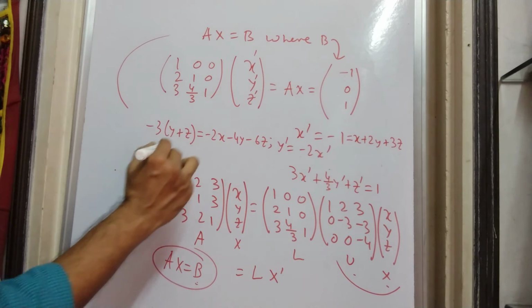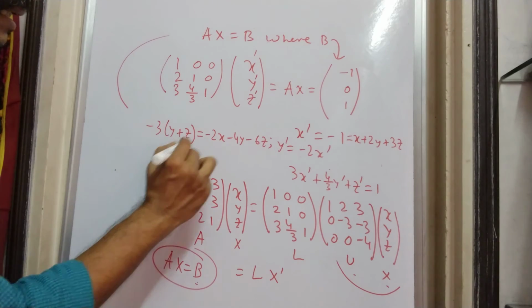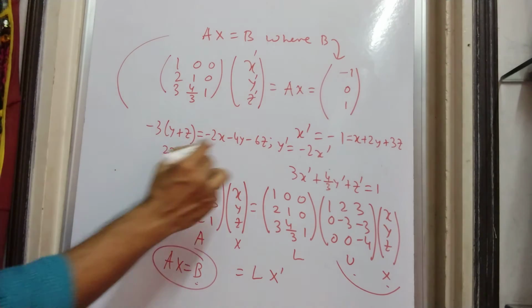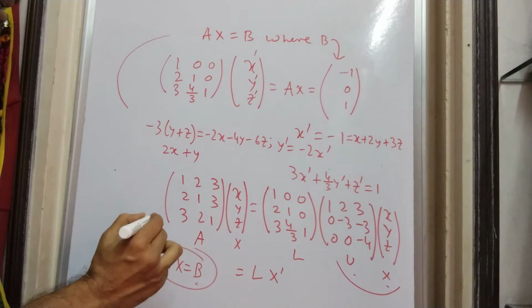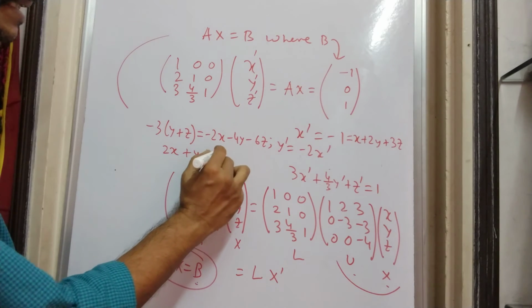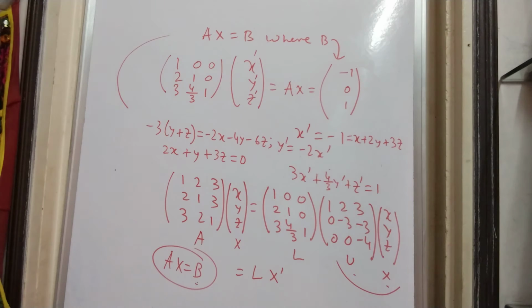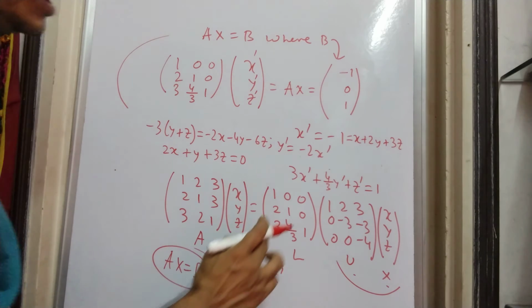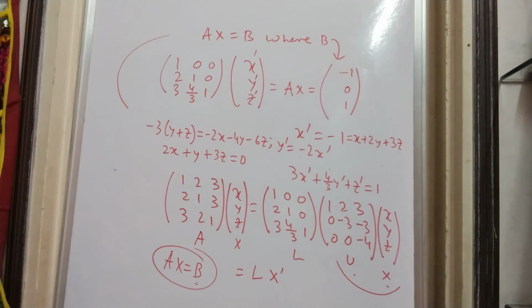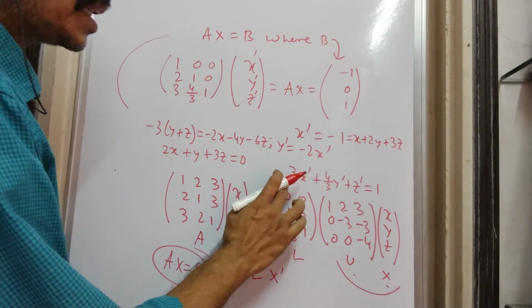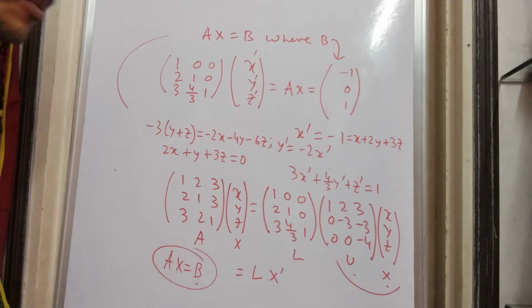And we have the relation from here that 2x plus y plus 3z is equal to 0. And then we will have to substitute this value, which is 3x prime plus 4 by 3 y prime plus z prime equal to 1, where z prime is nothing but minus 4z.